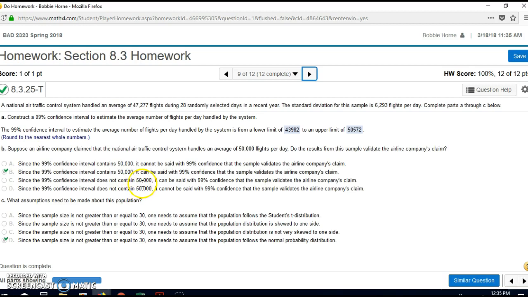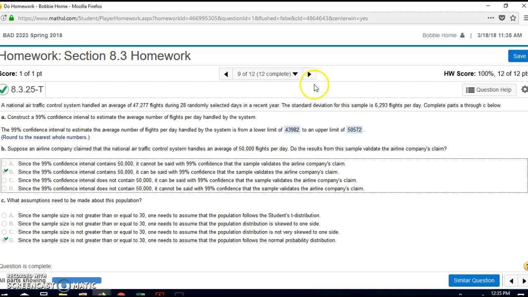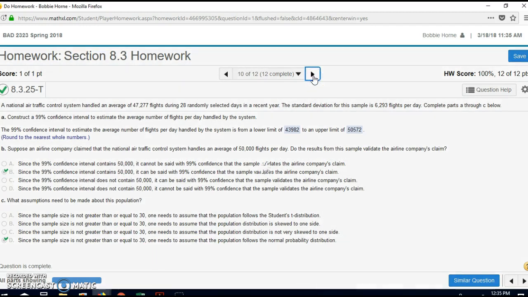If it did not contain the 50,000, we could say that the sample does not validate the airline's claim. And what assumptions can be made? We can assume it follows a normal distribution.